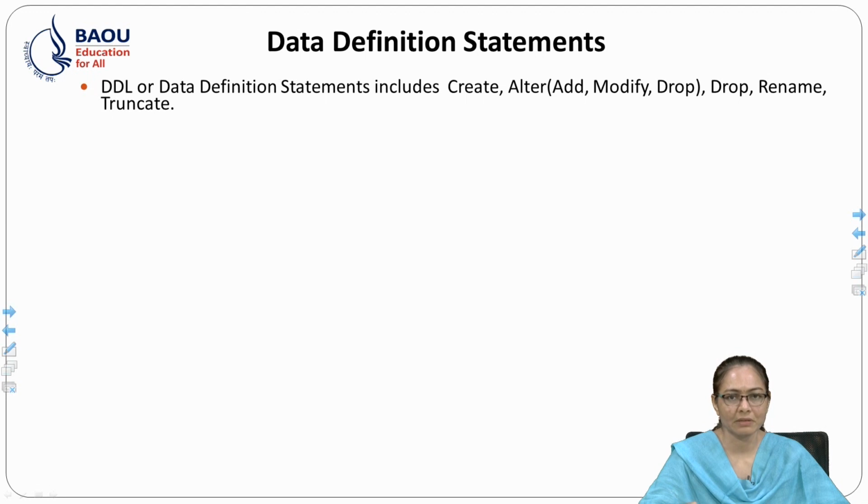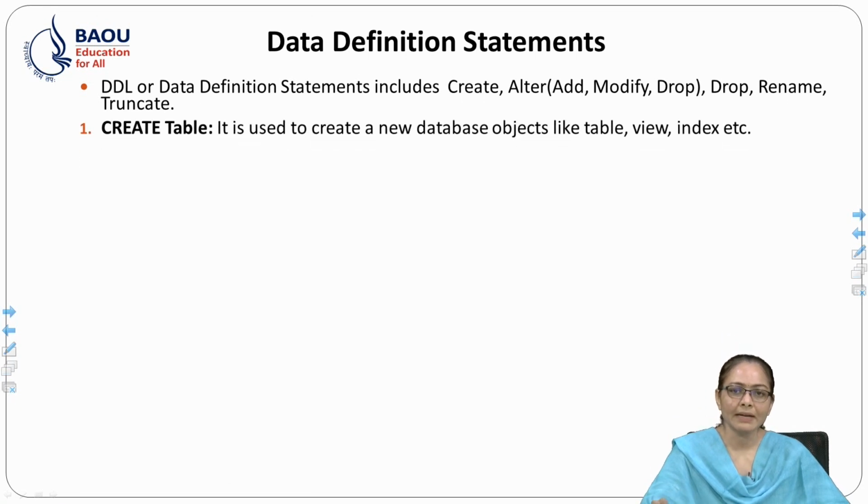Object means tables, views, index, etc. and manage those objects. It includes the structure related commands like create the table, alter with add columns, modify columns and drop the columns. Then drop the table commands, rename and truncate the commands.